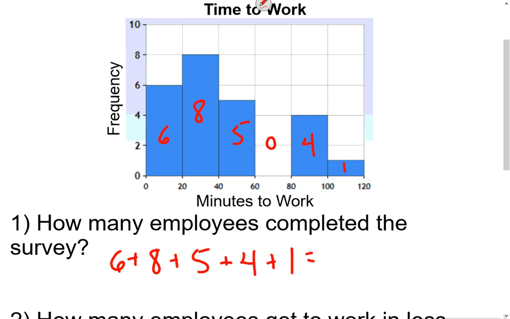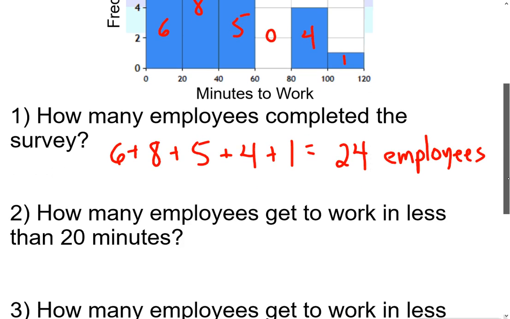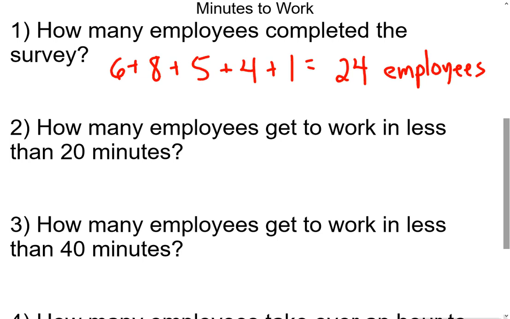I add them all together, we end up with 14, 19, 23, and there are 24 employees who answered the survey. Now, there could be more employees at the business, but 24 of them answered the survey and are in the data.